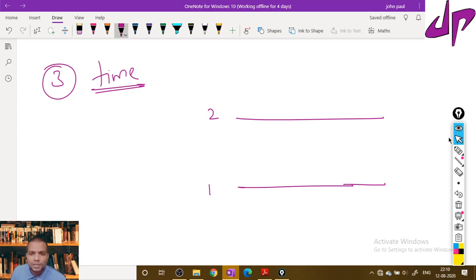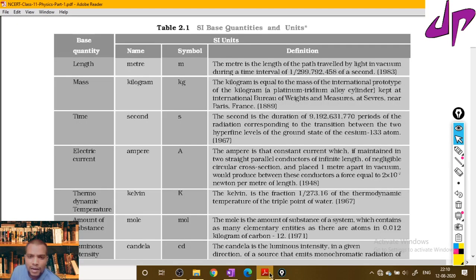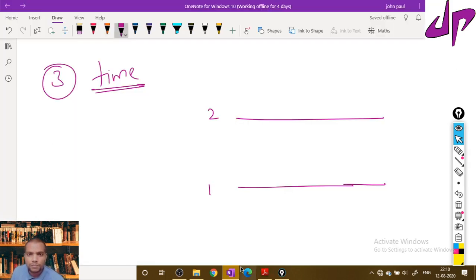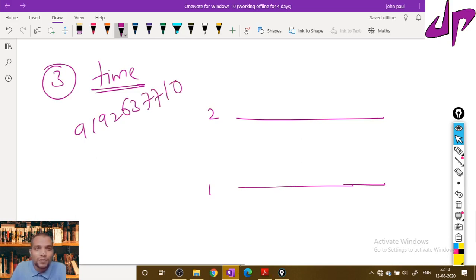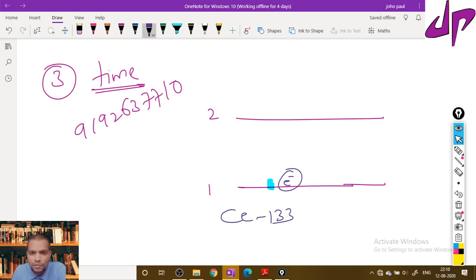Now according to the definition, I need to take this number, 9192631770. Now suppose you take an electron in this cesium 133 atom.